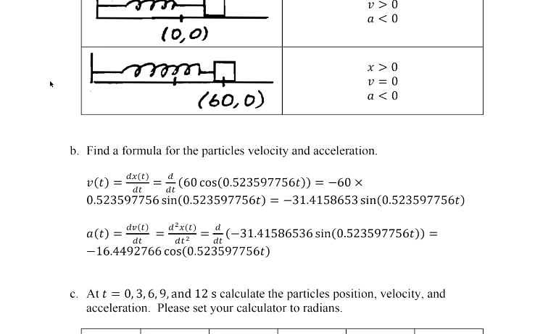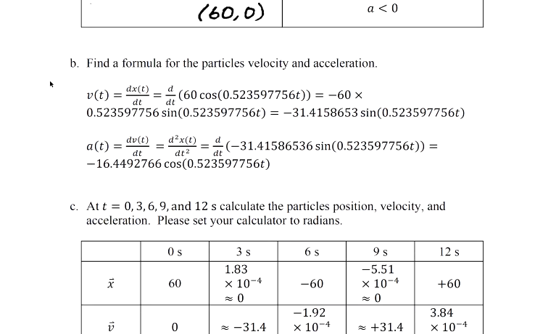X is greater than 0 because we're to the right. Velocity is 0 because the object stops. And acceleration is less than 0 because it's being pulled to the left. So this object is being moved left and right, just vibrating left and right.